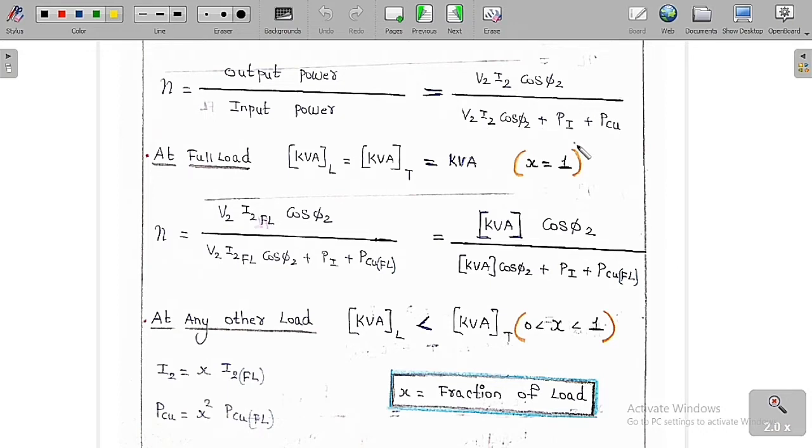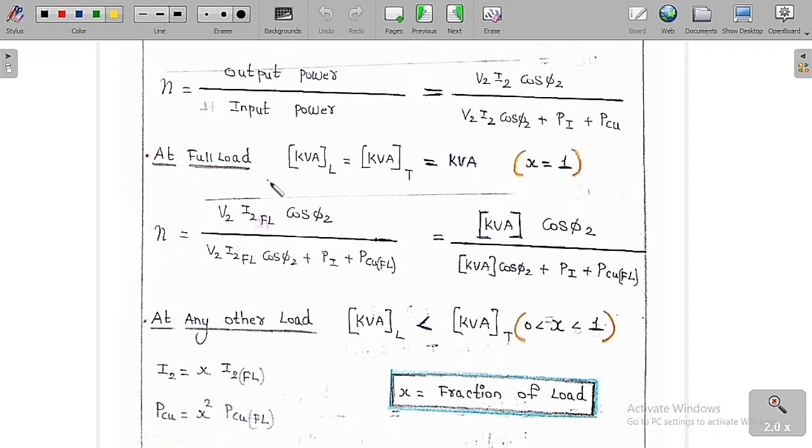There are two losses in the transformer, the iron loss and the copper loss, at a particular load. So this is the formula for the efficiency of a transformer: output active power by input active power, which is V2 I2 cos phi 2 by V2 I2 cos phi 2 plus Pi plus PCU, iron loss plus copper loss.